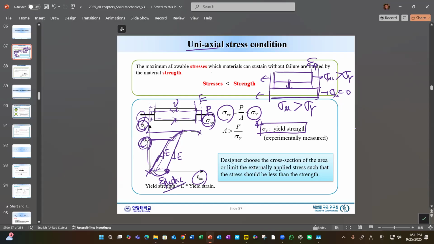Plastic deformation is not a desirable status, one which the designer didn't mean to consider. So this kind of permanent strain should not occur in structures, for example an airplane or the vehicles you design.